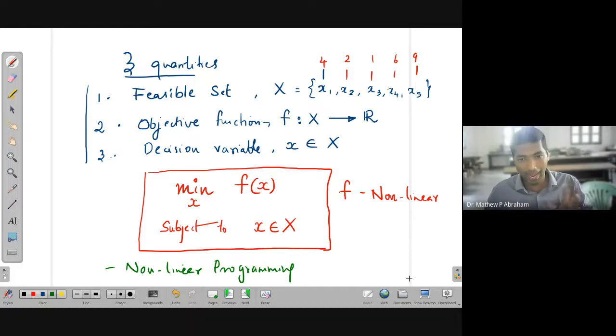Later we will add some restrictions to this f. For example, we require f to be continuous, f to be differentiable, and so on. That we will add later. But for the moment, nonlinear programming is any programming problem with this particular structure, with f being the objective function, x being the decision variable, and capital X being the feasible set.